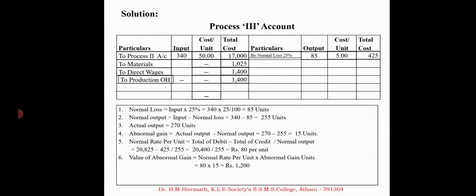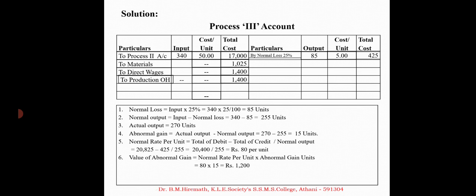So total of debit side is 20,825 minus total of credit side 425. 20,825 minus 425 is equal to 20,400, divided by normal output, that is 255, is equal to rupees 80 per unit. Normal rate per unit of process 3 is rupees 80 per unit.